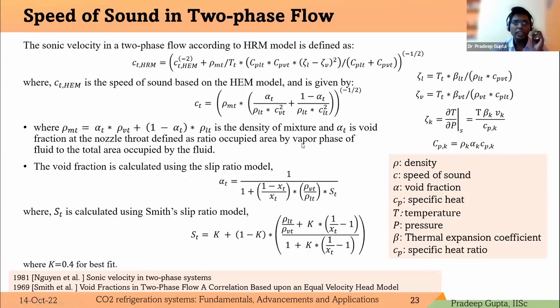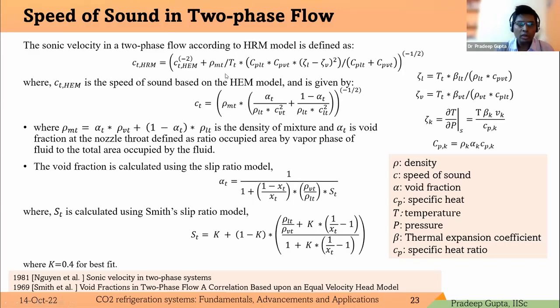Now the speed of sound calculation in two-phase flow is more important when the ejector operates in the critical mode. There the secondary flow has to choke, and we need to know the velocity, which is the boundary condition for the critical mode operation. So there are two models given for the speed of sound calculation, one based on the HRM model and one based on the HEM model.